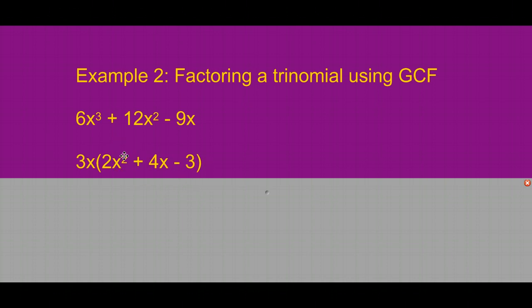To make sure I've done everything correctly, it's not a bad idea to do a quick check and go back through the distributive property. We're generally more comfortable with the distributive property than we are with factoring. So if you do 3x times 2x squared, that gives you 6x cubed. 3x times 4x is 12x squared, and 3x times 3 is 9x.